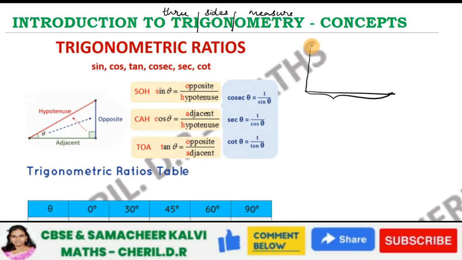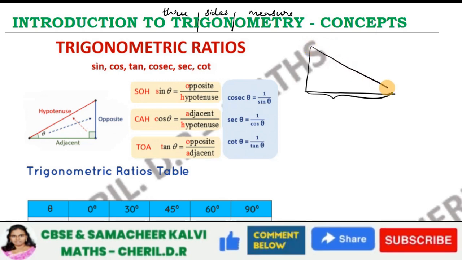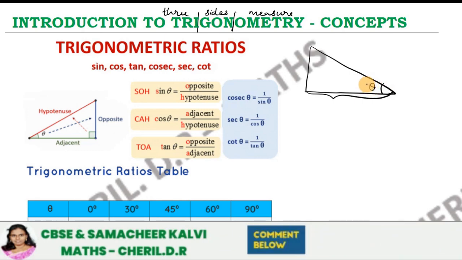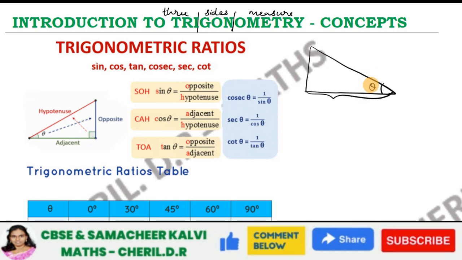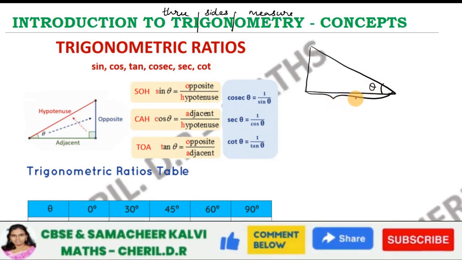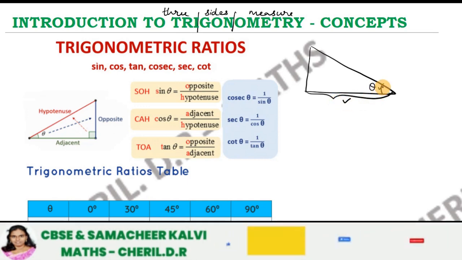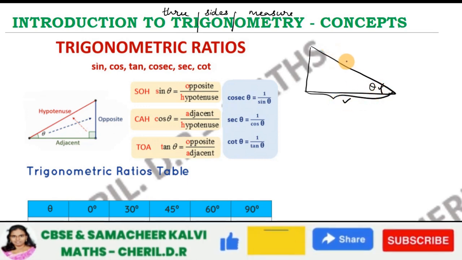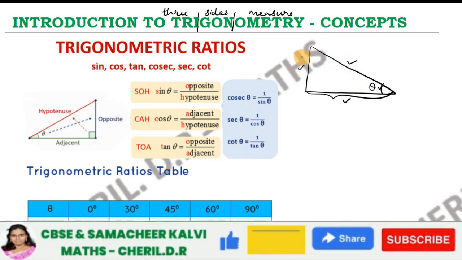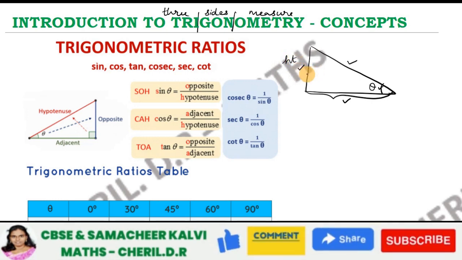However big it may be, the angle can be easily measured. That angle we represent as theta, and this is one distance. If you know one distance and one angle, we can very easily measure the other 2 distances. That means we can measure even the height of the tower or any height.